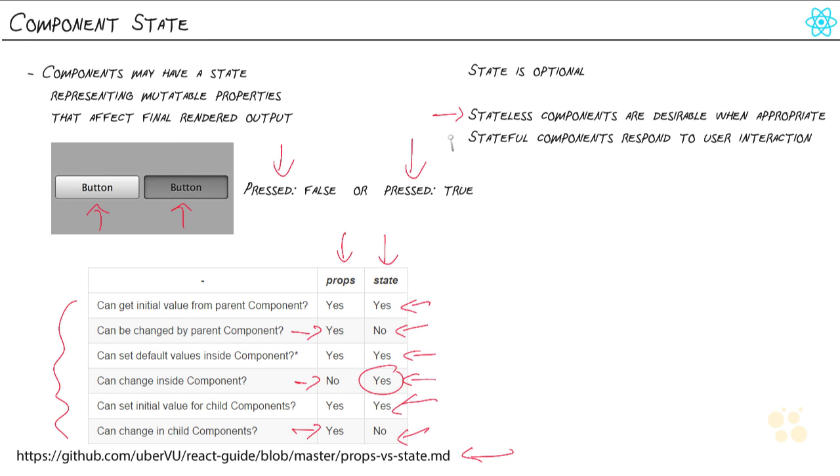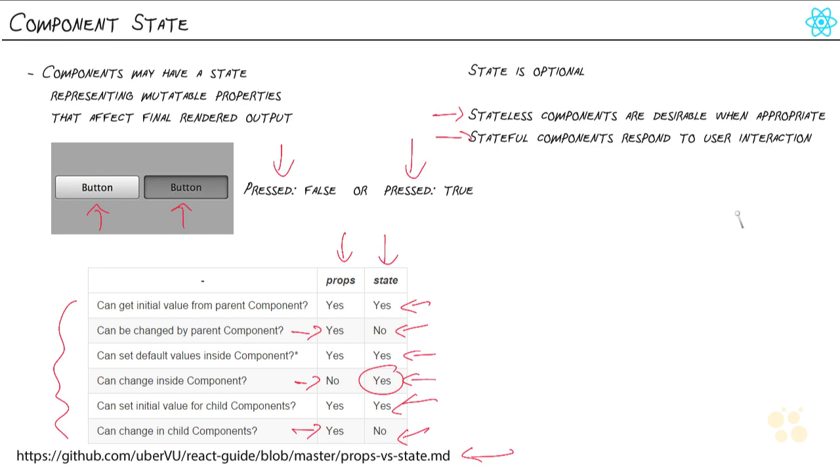Those are desirable when appropriate, and you really want to break down your user interface into as many stateless components as possible, isolating and identifying the individual spaces within your UI where you need a stateful component, where you're going to respond to user interaction or to outside events. Breaking it down at this point and understanding how to organize that, we'll talk about in a later nugget, but it's really important to creating a solid foundation for a React.js user interface.